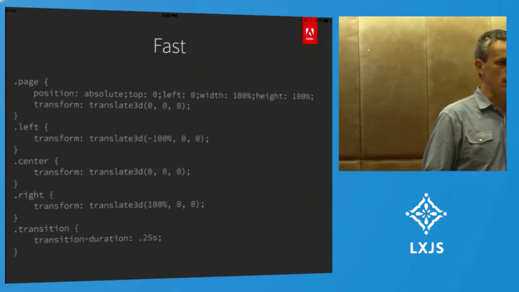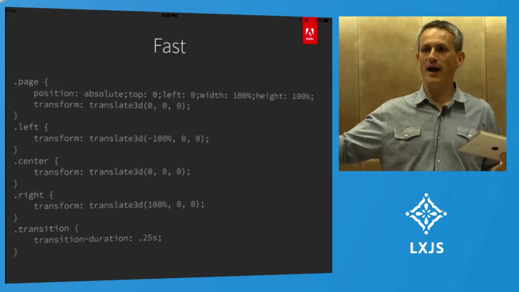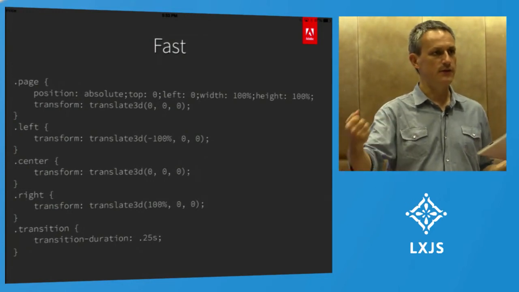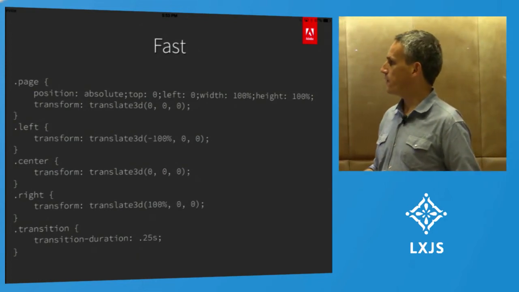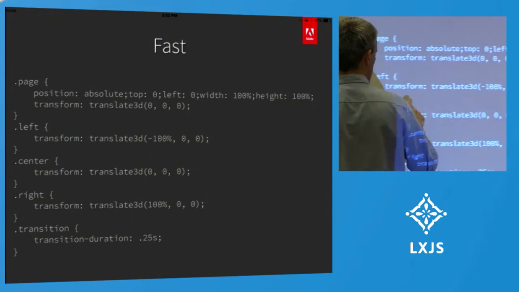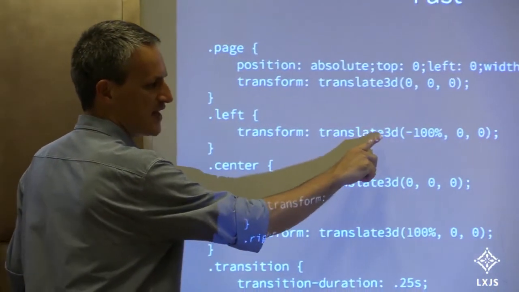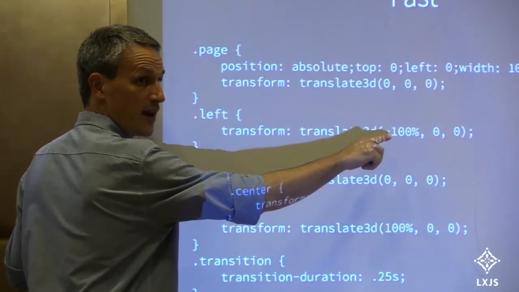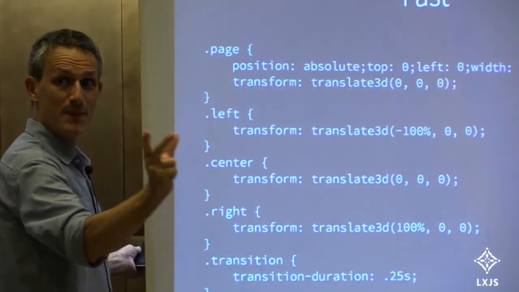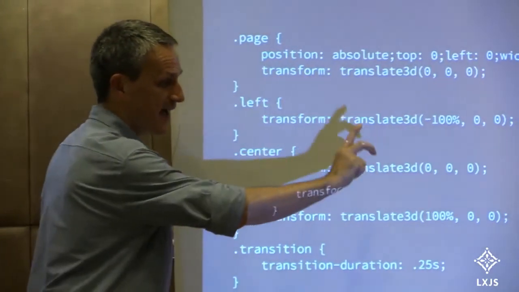You're going to transform these values. You're going to transform the X, Y, or Z values of these attributes. So, for instance, to go to the left, you're going to do a translate3d of minus 100%. So you transform the X attribute to this value.